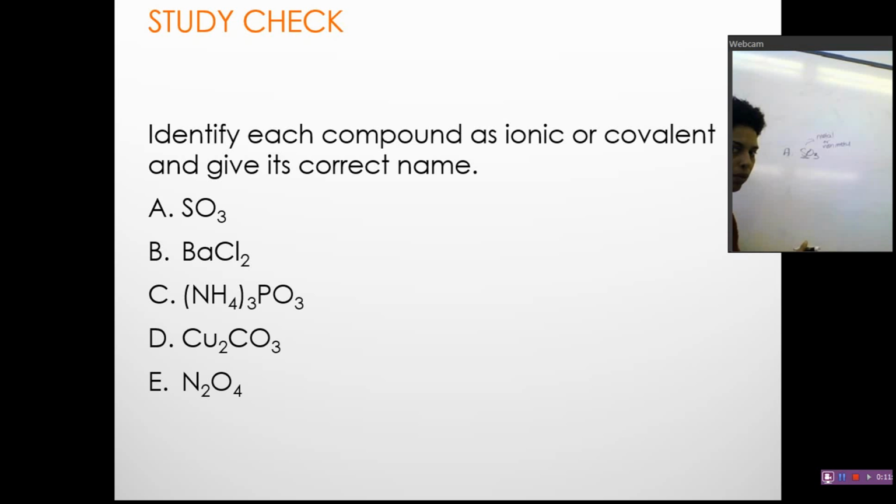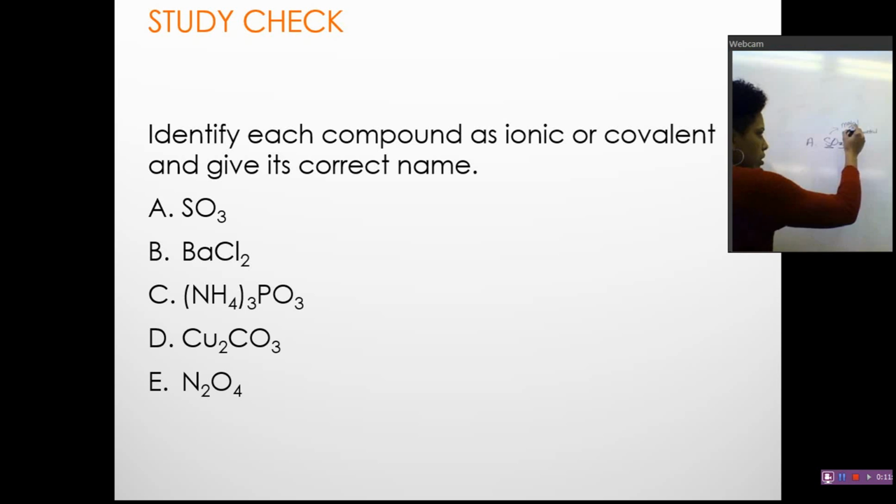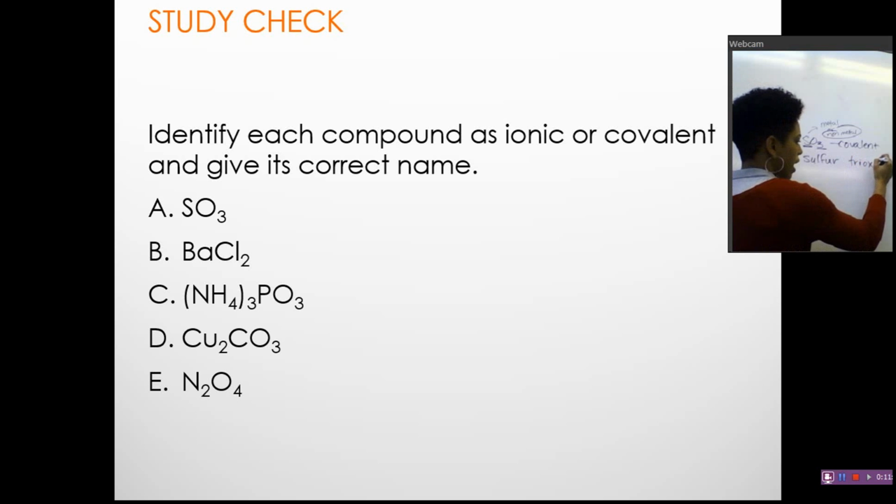Well, sulfur is on the right-hand side of the periodic table, so it's going to be a non-metal. So this has got to be covalent. What now is the name since we know that it's covalent? Well, there's only one sulfur. So sulfur. And we have how many oxygens? 3. So sulfur trioxide.